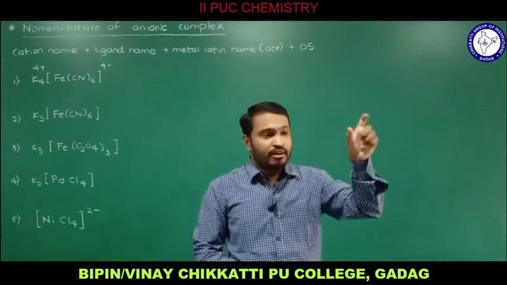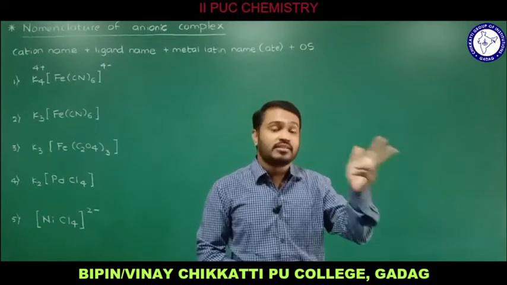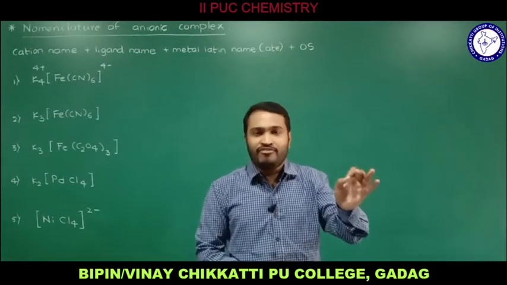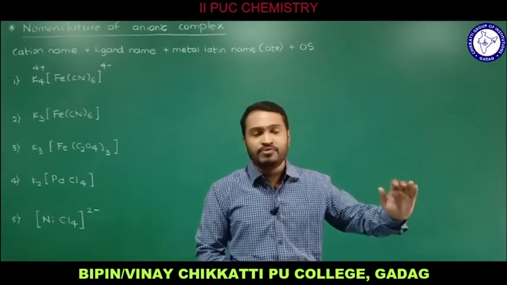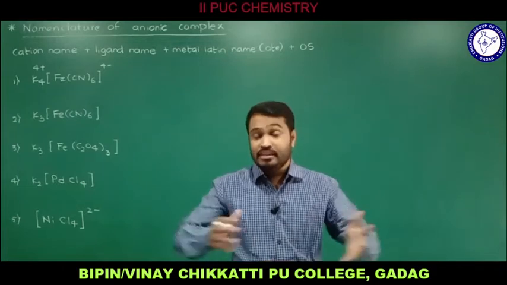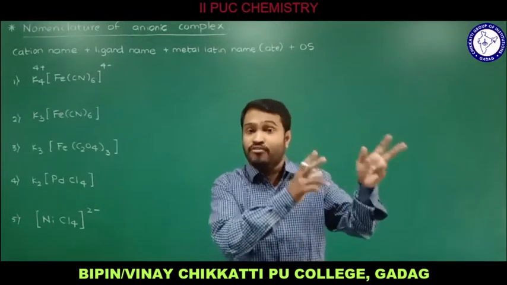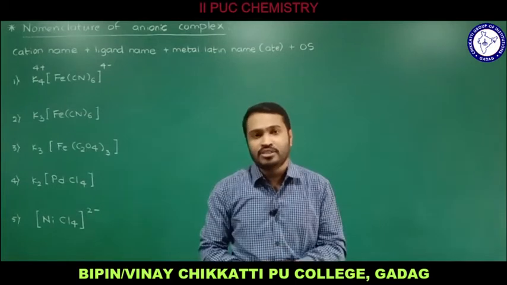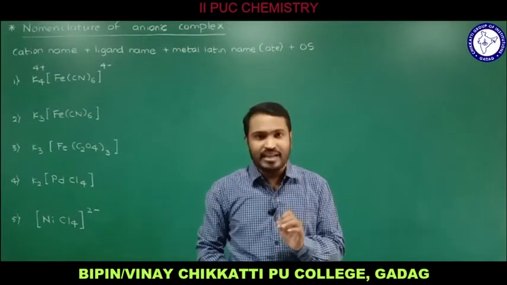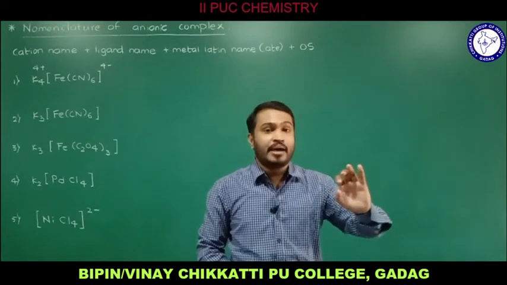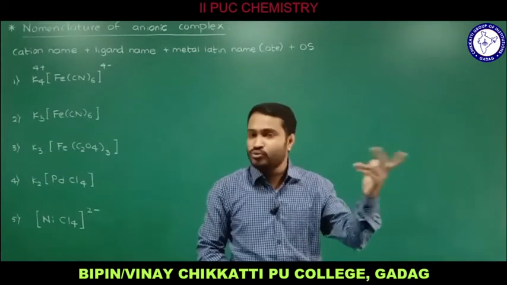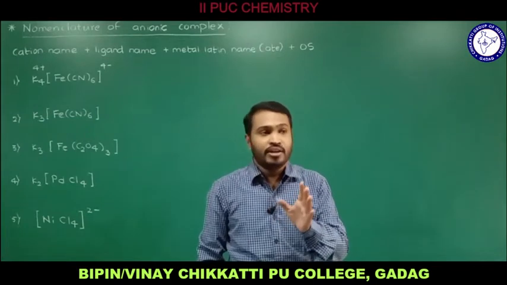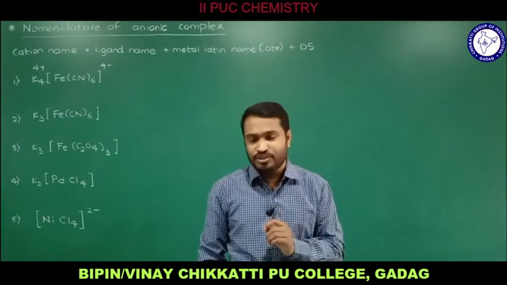Sometimes the first letter of the name is considered as the symbol. Example, hydrogen: the first alphabet is H, therefore capital H is the symbol for hydrogen. In some cases, the first two alphabets are considered as the symbol for particular elements. One example, calcium: we write capital C small a, Ca, the first two alphabets. We also have examples where we use Latin words for naming.